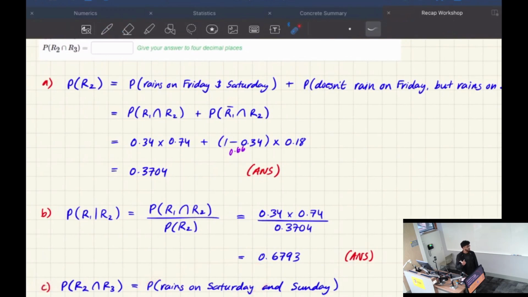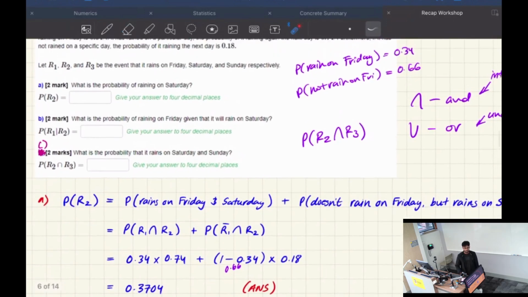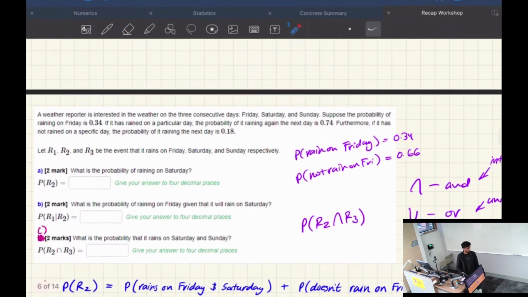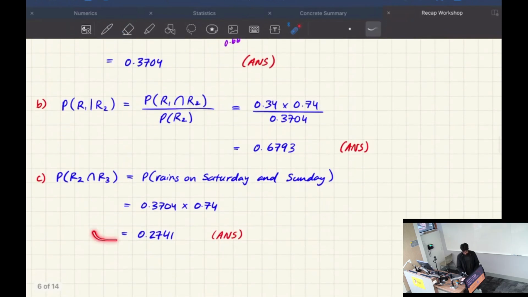So we know what the probability is that it rains on Saturday, right? We found it in part A. And if it rains the next day, what do we multiply by? 0.74, right? Which is here. So if it rains on Saturday, 0.3704. If it rains on Sunday as well, we multiply by 0.74.